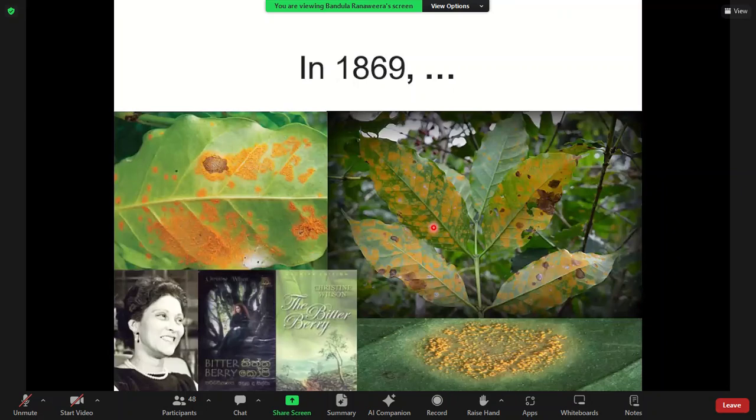So coffee plantations were destroyed and tea was introduced. The introduction of tea was not a problem. Still we are growing tea and earning money from that. But the reason behind that change was this coffee rust disease.